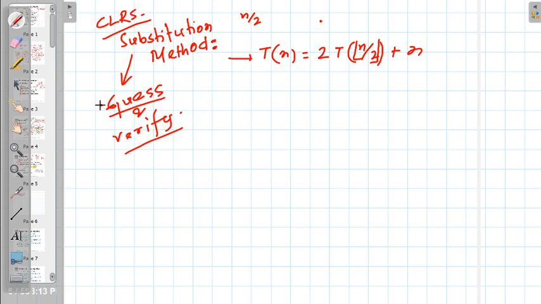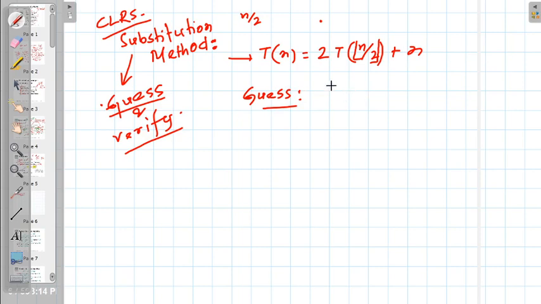Now you see how to solve this. First of all, we have to guess a solution. So what is the guess? For the time being, you have to trust me, because seeing this recurrence, what the guess could be may not be clear at first glance.